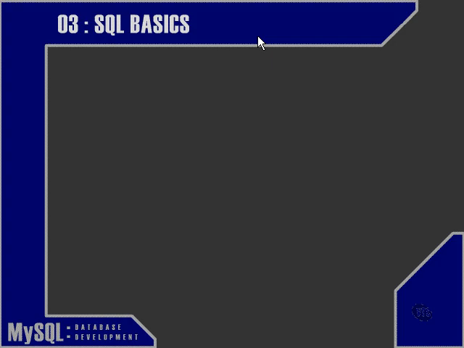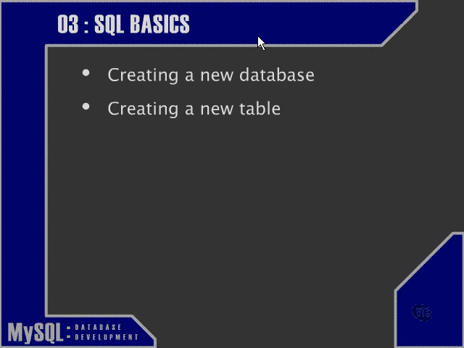First thing we're going to look at in this chapter is how to create a new database using SQL, and then how to create tables within that database. We're going to look at the different kinds of columns we can create within a table, and we're going to examine the use of keys and indexes in tables within our MySQL database.